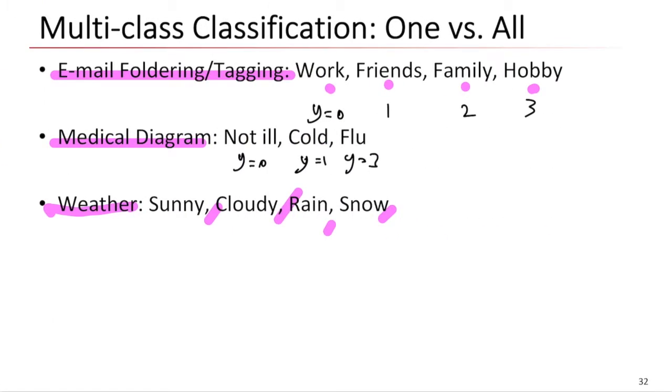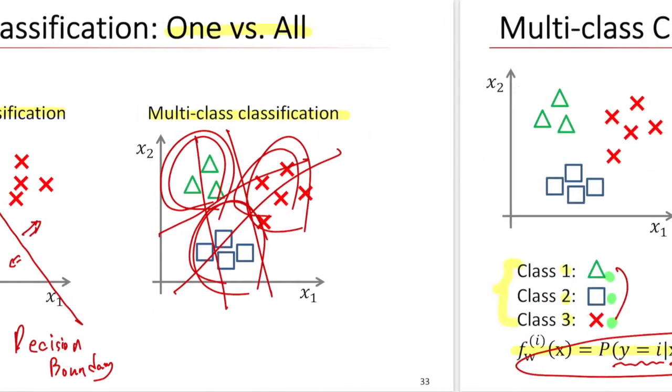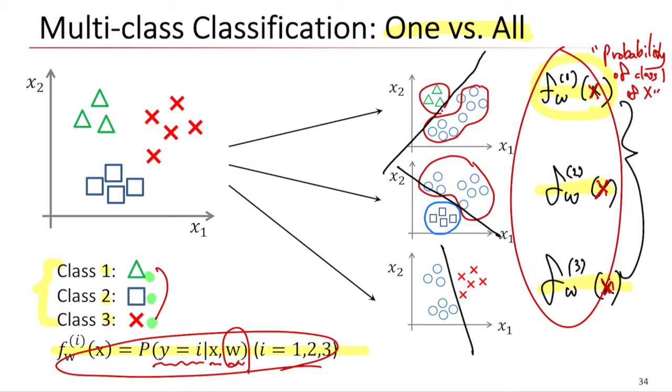Compared to the previous one, we also talked about multi-class classification using the one versus all technique, right? In multi-class classification, there is no single decision boundary. So what we do is use the one versus all technique, so that we can divide this multi-class classification problem into three sub-problems.